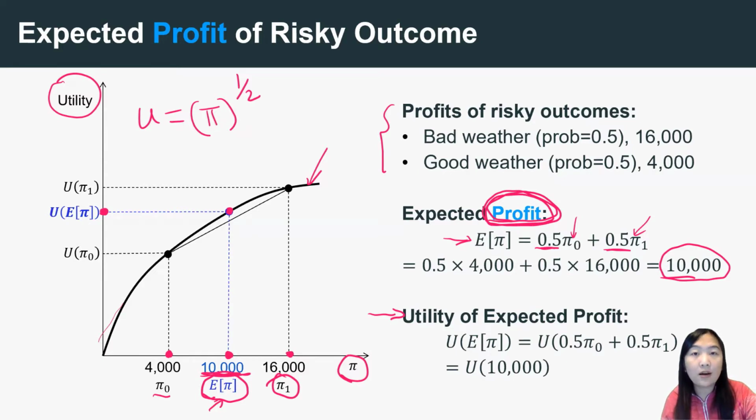The utility of the expected profit is on this point. You go horizontally here and find that level. That is the utility level. And for pi 0, 4,000, if bad weather happens, the decision maker also has a utility, and it is this number here. If good weather happens, then it's this point, and that's the utility of the profit got from good weather.